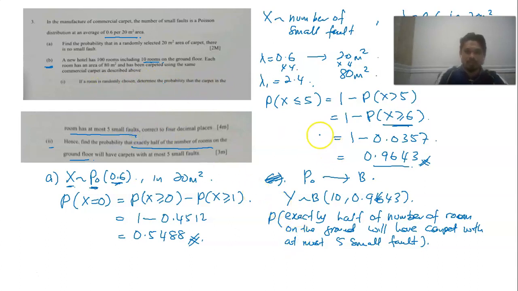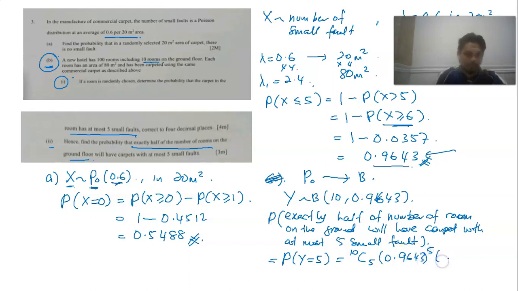So we are using the result of B1 for the next question. So here we come up with the probability of y exactly equal to 5: 10 choose 5, times 0.9643 to the power of 5, times 0.0357 to the power of 5.